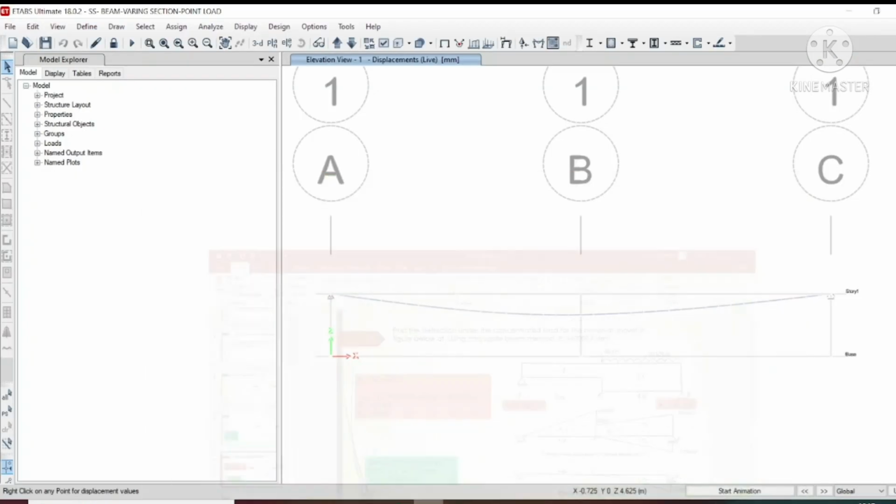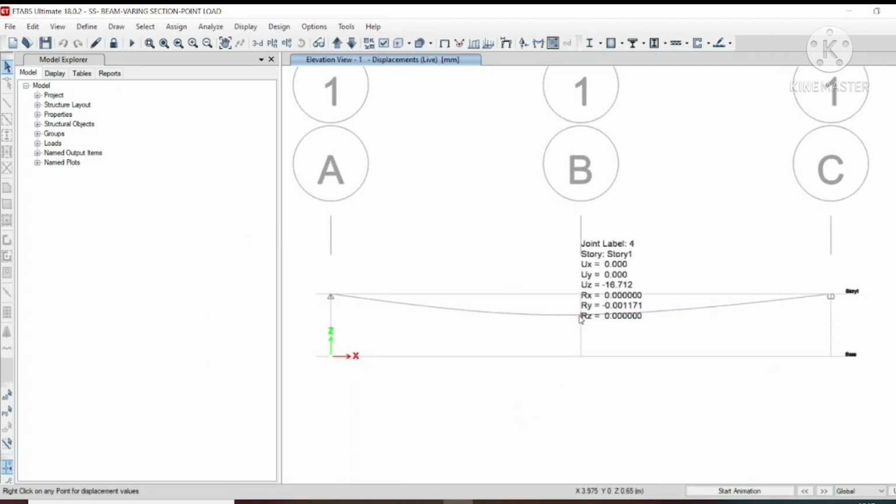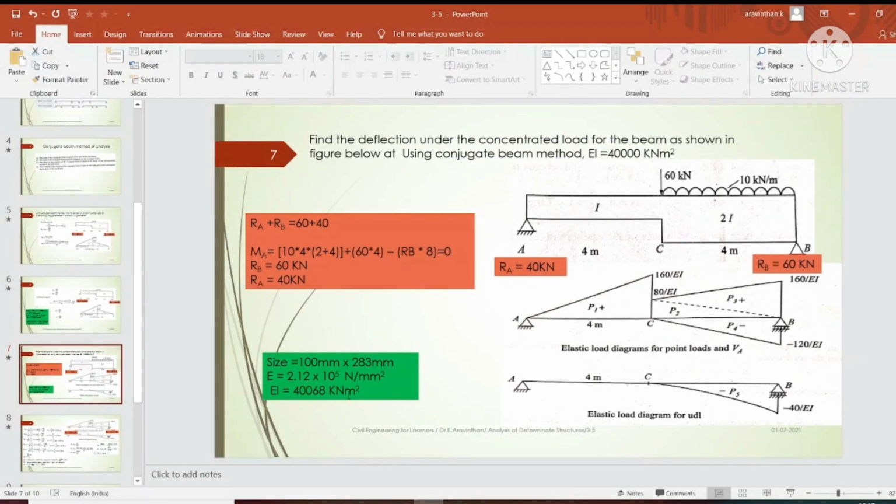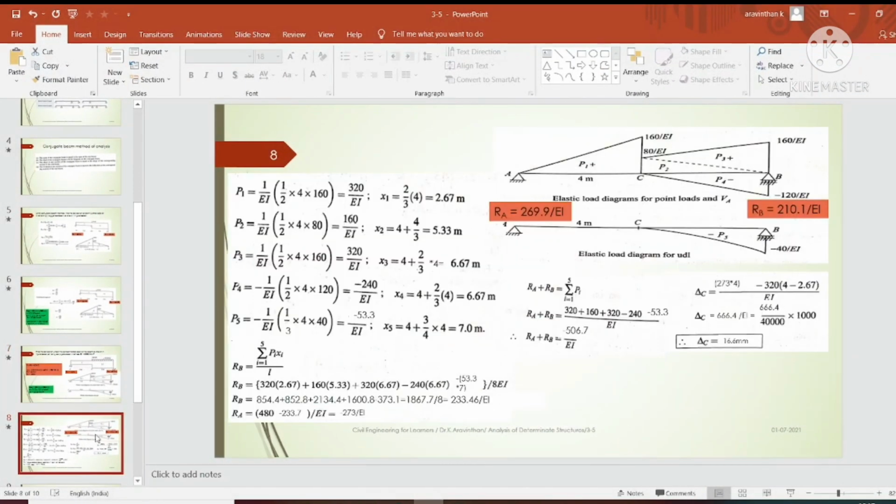So we will be getting an answer which is near, and we have a deflection of minus 16.712 at the center. Yes, we got a value of 16.6 mm.